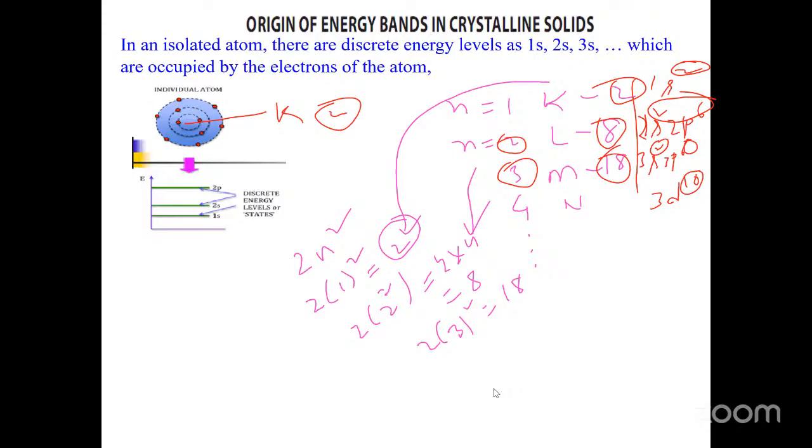Next, the other one is the subshells, 2s and 2p. How many electrons can be occupied by 2s? 2s2 means 2 electrons are there, here and here. Next is 2p6. These are the 3 electrons, these are the 3 electrons, total is 6. Is it clear? Like that, the electrons may be occupied in a shell.